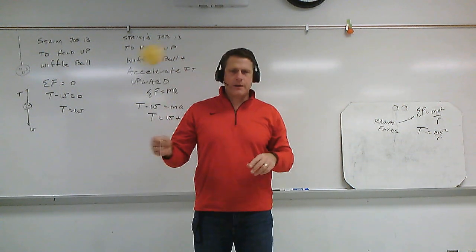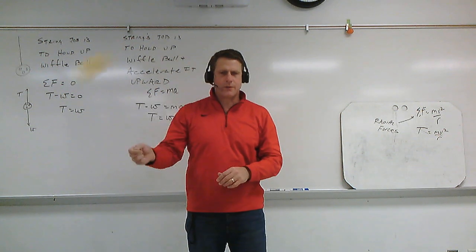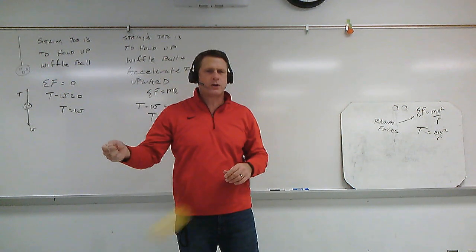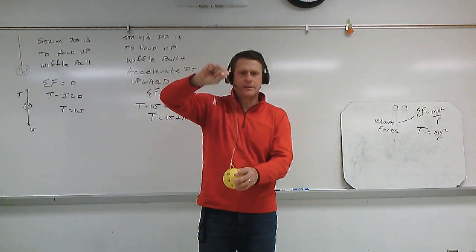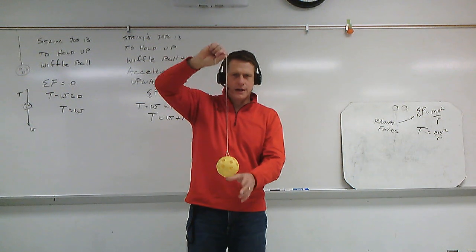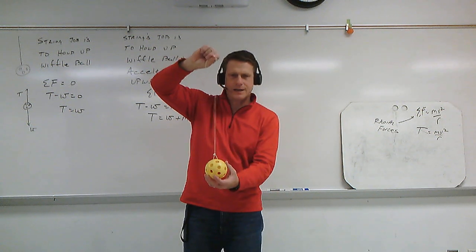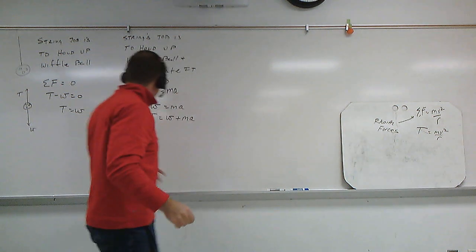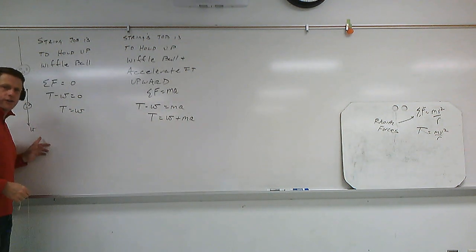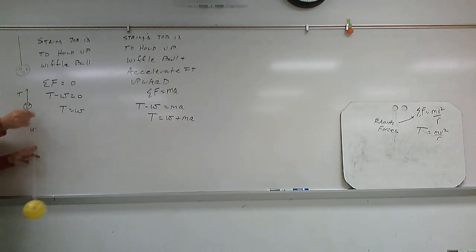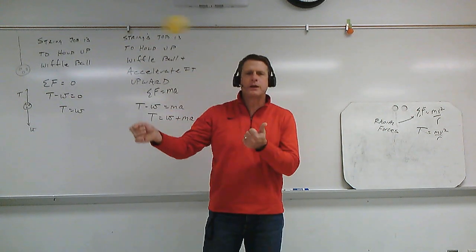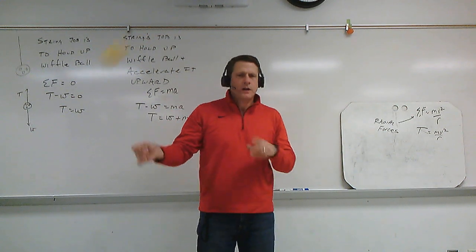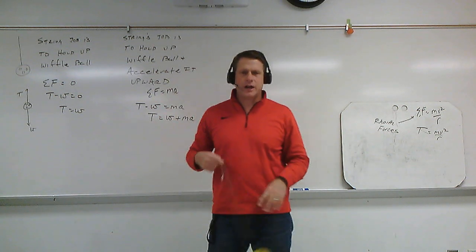If I freeze frame this ball at the bottom of the circle, remember this thing is going around in a vertical circle, my force diagram still looks exactly like this. At the very bottom, I still have tension pulling up and the weight pulling down. So my force diagram doesn't change.